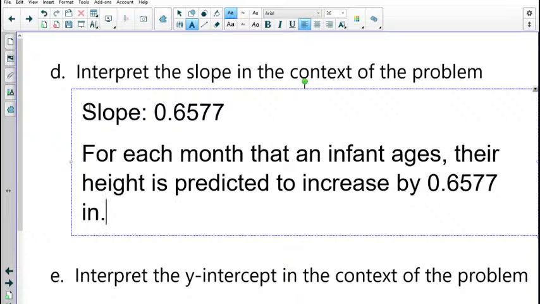Now interpret the y-intercept in the context of the problem. So remember, the y-intercept is when x is 0, here's what y is predicted to be. Here's what I would expect y to be when x is 0. Now, this isn't always going to have an interpretation. Think about our visitors to the beach.